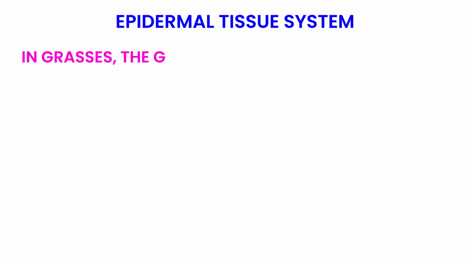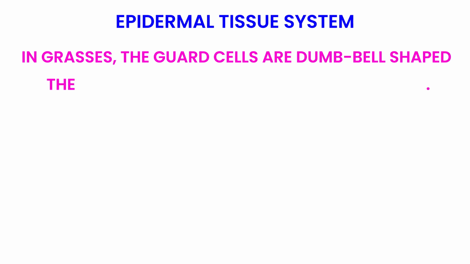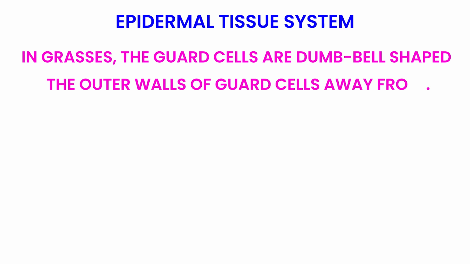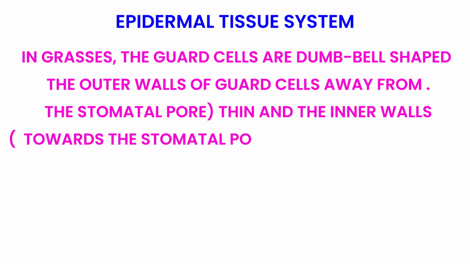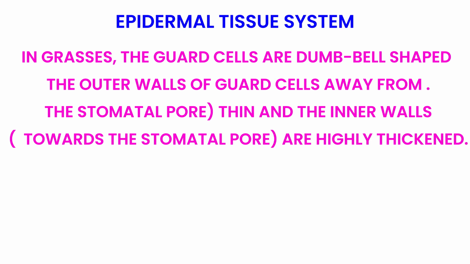In grasses, these guard cells are dumbbell-shaped. The point to remember here is the outer walls that are away from the stomatal pore are thin and the inner walls towards the stomatal pore are highly thickened. So outer is thin and inner is thick.